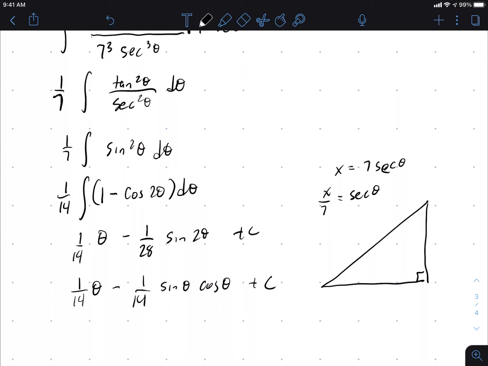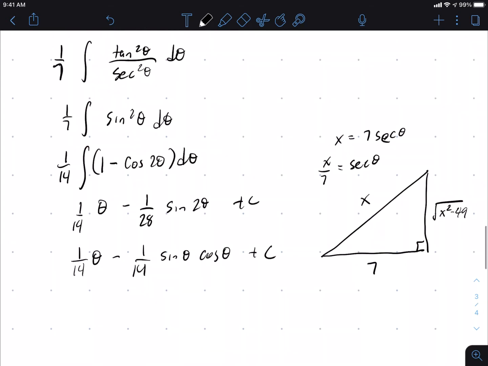So secant theta was what? Cosine is adjacent over hypotenuse. So this is hypotenuse over adjacent. So this is this, and then we have our square root of x squared minus 49. Agreed? Agreed.